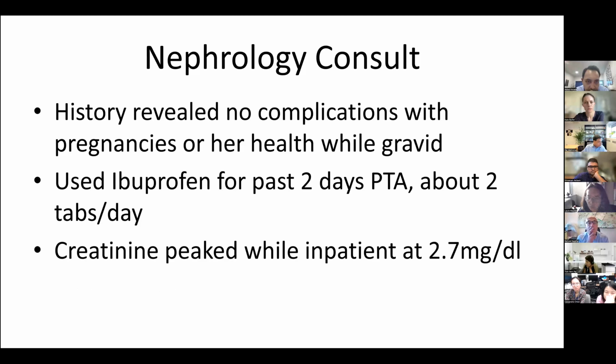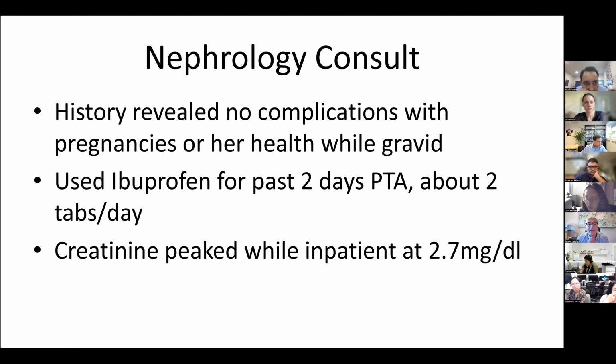So nephrology consultation was performed, and history revealed no complications in regard to pregnancy. She's been on ibuprofen for the past 2 days, about 2 tablets a day. But while inpatient, creatinine peaked at 2.7 milligrams per deciliter. Additional workup was performed.